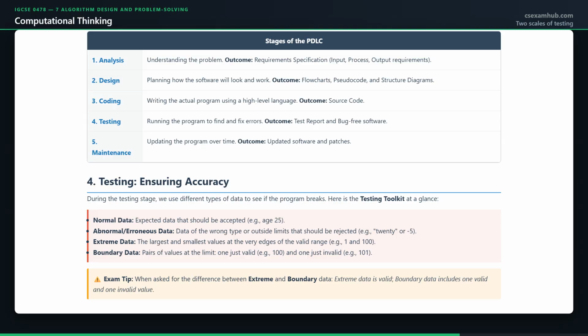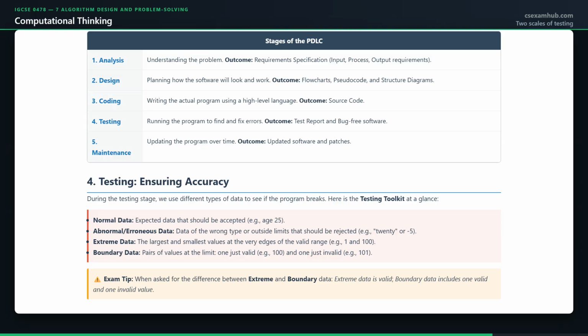Iterative testing checks that each part works. Final testing checks that the parts work together and that the finished program does what was actually asked for. A program can be made entirely of modules that each pass their own tests and still fail as a whole, because modules pass data between them and nobody tested the joins. Which is also why final testing refers back to the requirements rather than to the code.